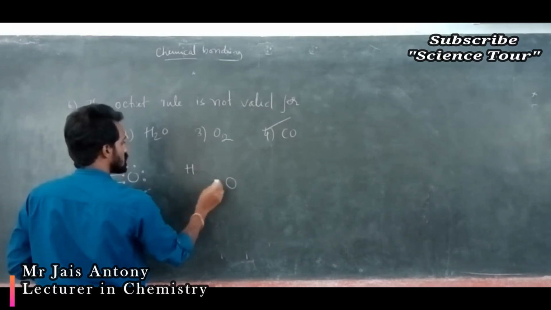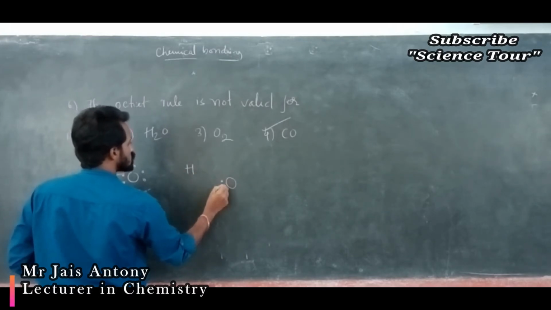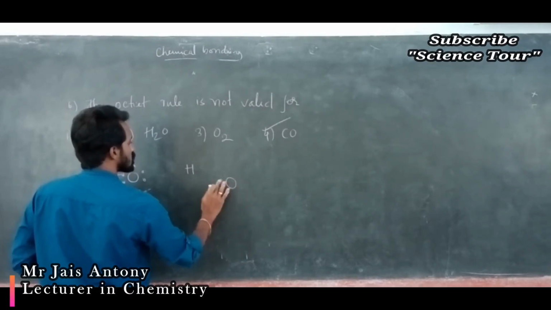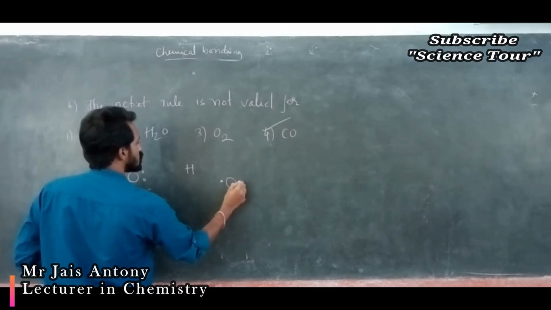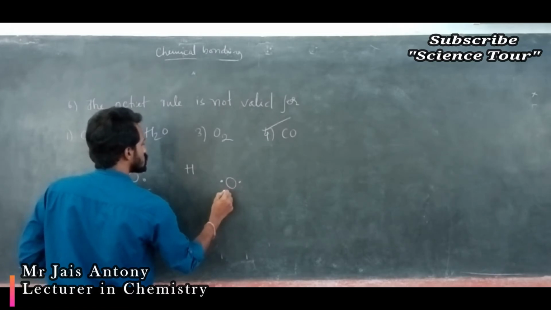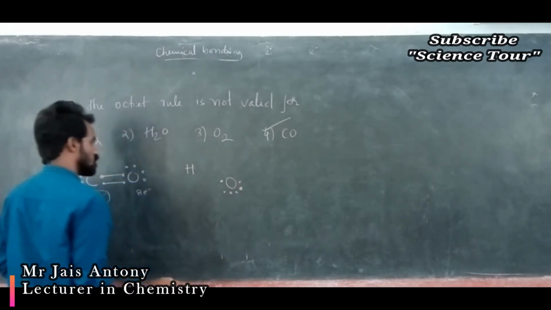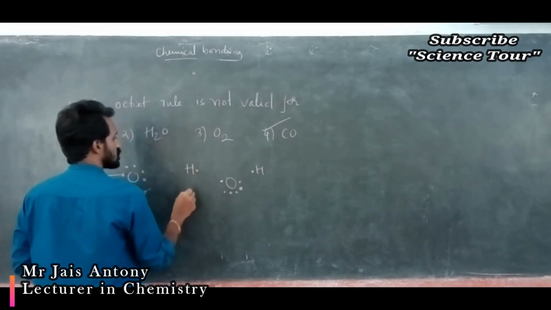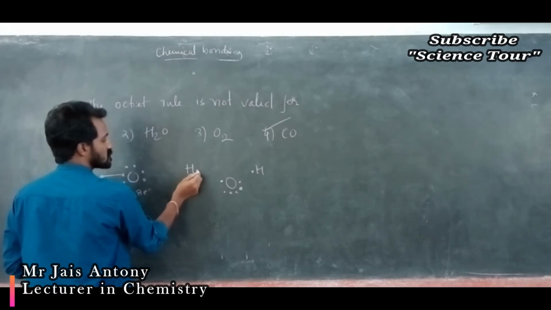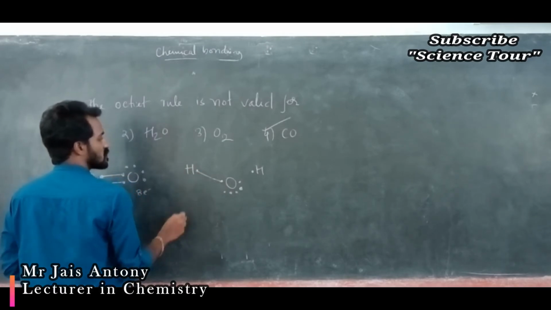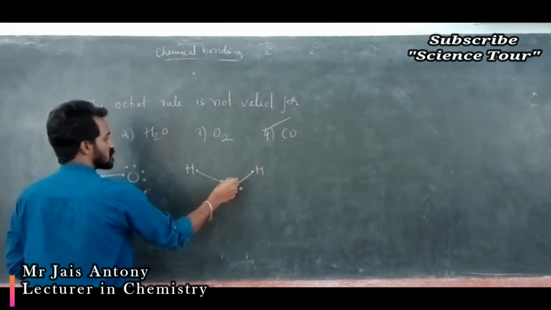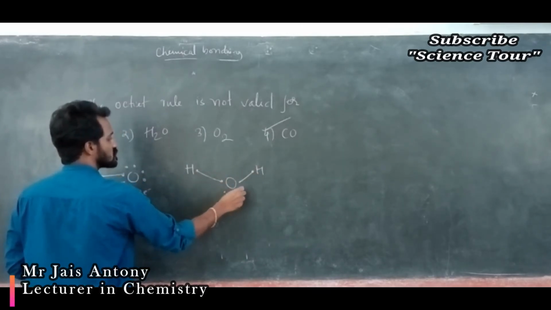See, I will write here oxygen 1, 2, 3, 4, 5, 6 valence electrons of oxygen, and hydrogen having 1 valence electron. See, if hydrogen gets one more electron, duplet, it is over. Understood? Here also over. At the same time oxygen 1, 2, 3, 4, 5, 6, 7, 8.